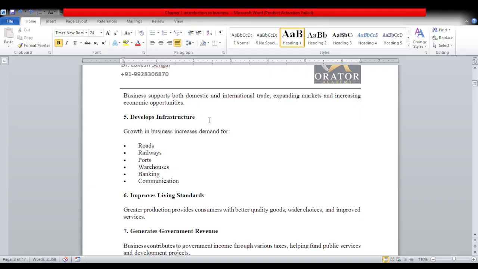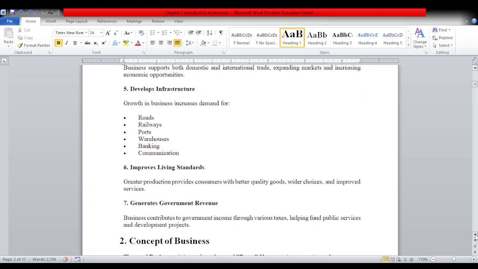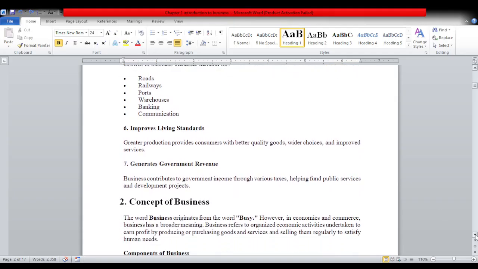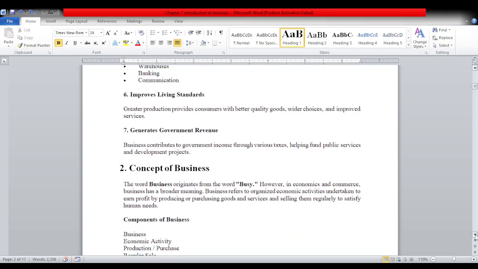Now we are moving to the next point, that is, improving the living standard. How business improves the living standard is very important. Greater production provides consumers with better quality products, wider choices and improved services.